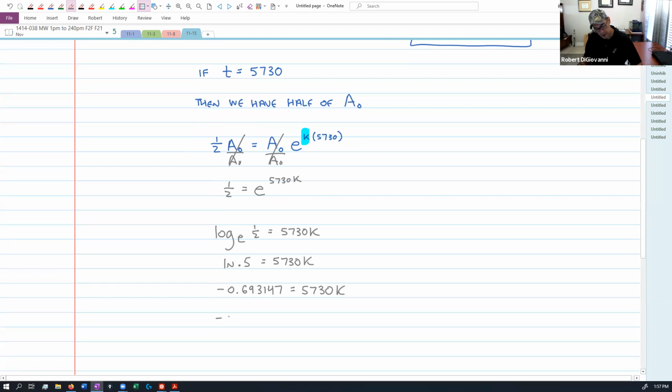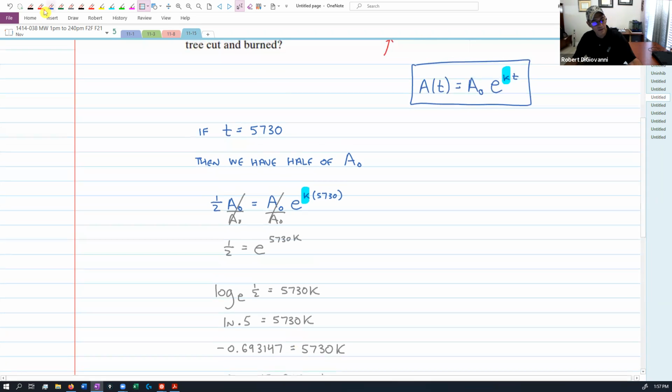So I get negative 0.000120968 equals K. Now I'm going to use all the decimals on my calculator, because the more decimals I go, the more accurate I'm going to be. This right here is our growth rate, or in this case, our decay rate.